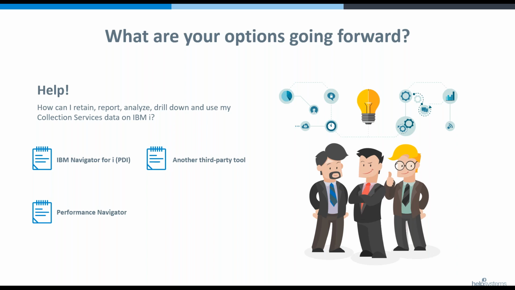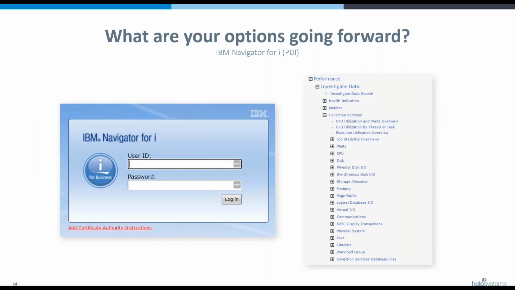I guess there is another option: there's always do nothing. But as I've already mentioned, this historical data is so important, not just for reporting, but also for capacity planning and, probably more importantly, performance analysis. So make sure you use it to your advantage. Let's have a look at these options.